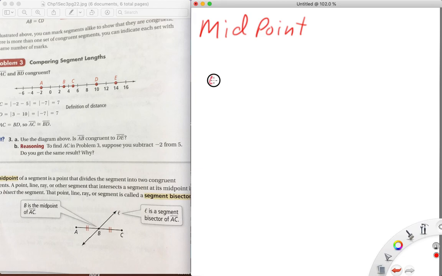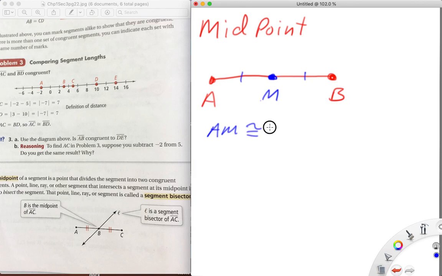So I have A and I have B. I have some point in the middle, call it point M for middle, such that when it's in the middle, it's going to cut these two guys completely in half. So this and this are the same, they're equal. So segment AM is congruent to segment MB.